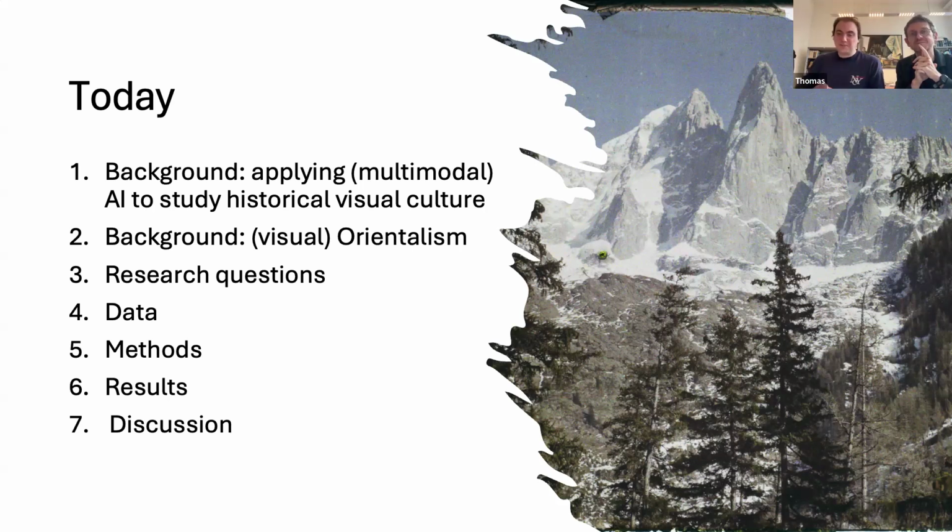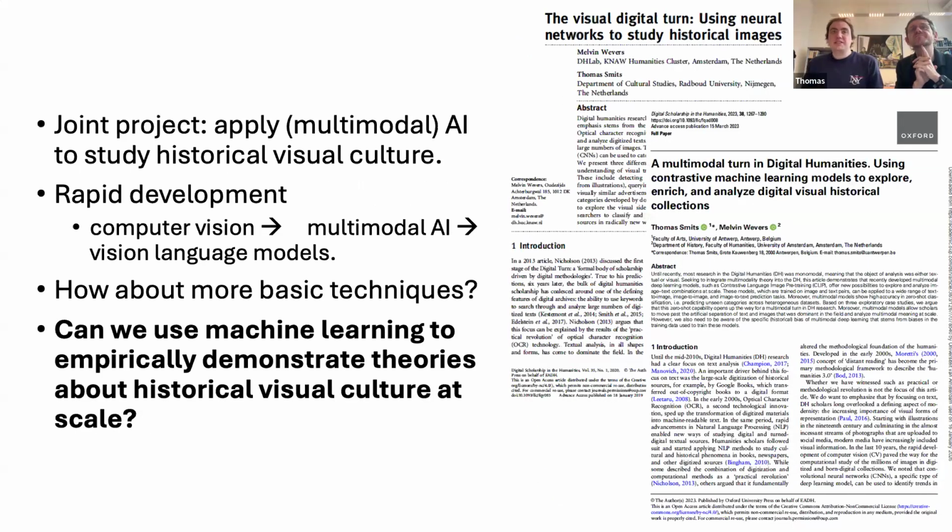As I already mentioned, this research is part of a joint project that Melvin and I have been involved in since around 2017, I guess. In this project, we apply multimodal AI to study historical visual news culture. There has been a very rapid development here. When we started out, everything was computer vision related, so object detection and image classification.